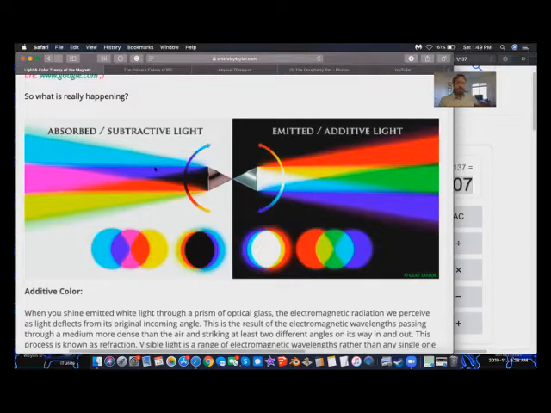Mm-hmm. Well, look at this image here. On the right-hand side, we're on a black background, and we've got a beam of light coming through this. On the other end, we have a white background, so we're illuminated right now, and we have a shadow coming through this.